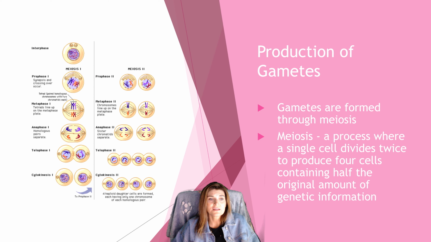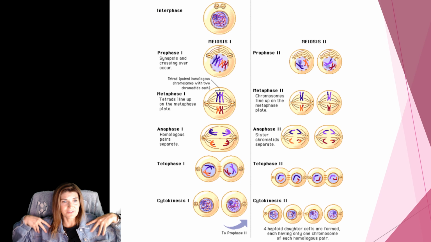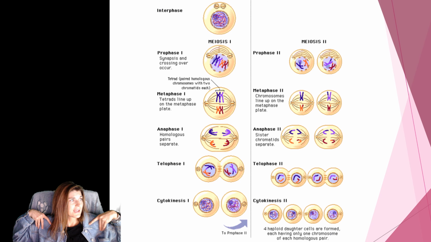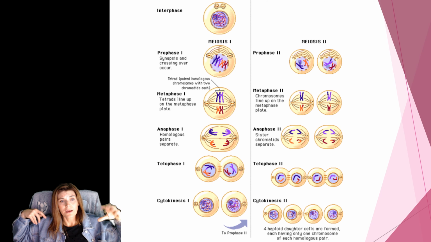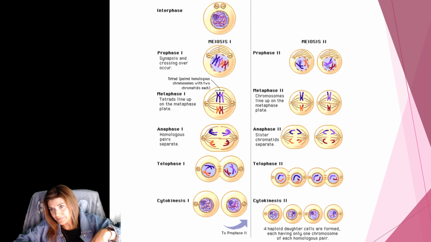Meiosis is actually called a reduction division process. I can't actually use my mouse today, so I don't know how to point this out, but if you look at prophase 1 through telophase 1, we're kind of going through a mitosis, kind of.